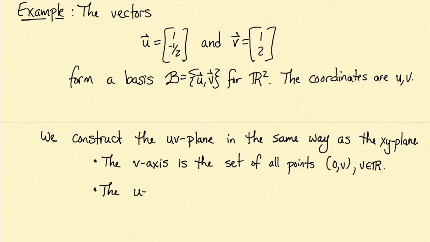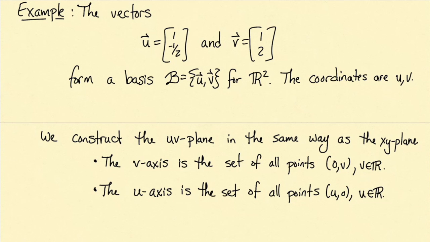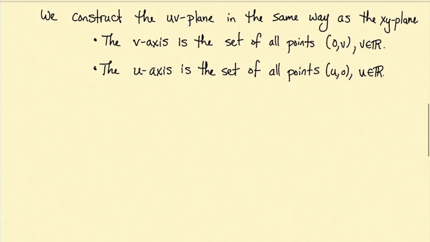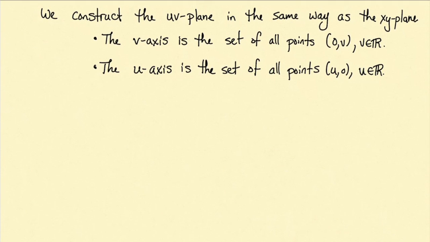Similarly, the horizontal U-axis is the set of all points whose second coordinate is 0. So you can see here the parallels. The x-axis and the u-axis are analogous. The v-axis and the y-axis are analogous.